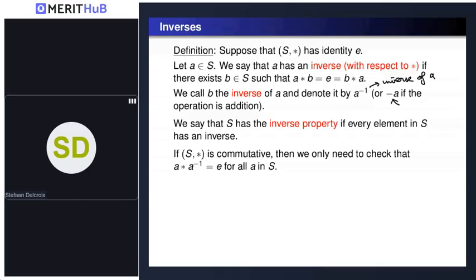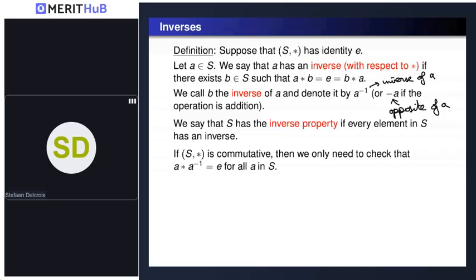How do we pronounce this? We all say "negative a", but that's not really the correct way of saying it. What if a is a negative number? Perfect. This is called the opposite of a. So, the inverse of a or the opposite of a under addition.